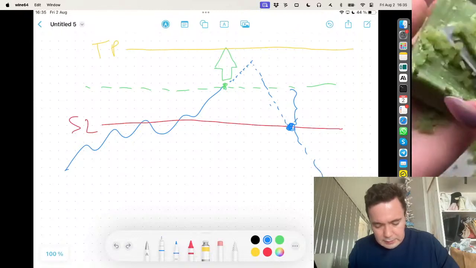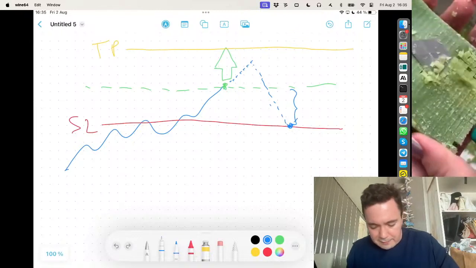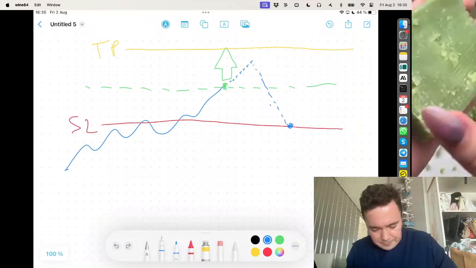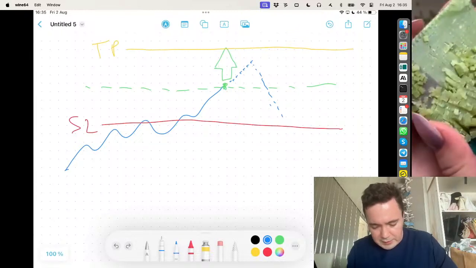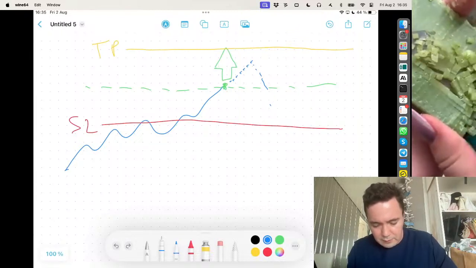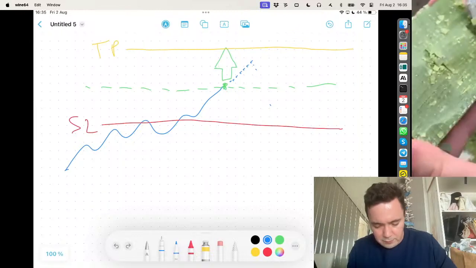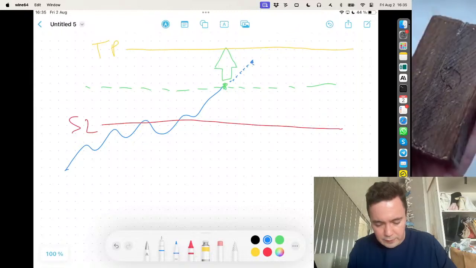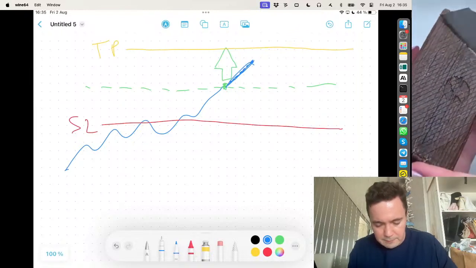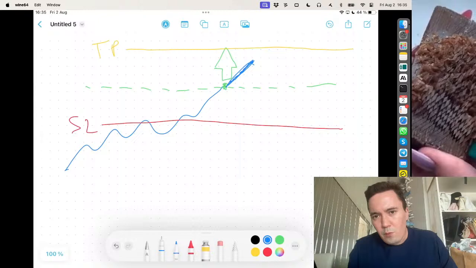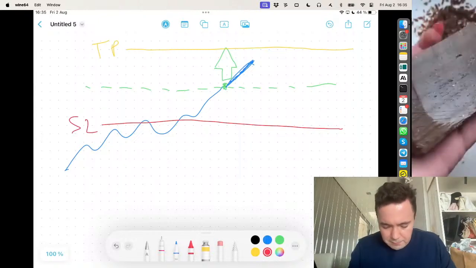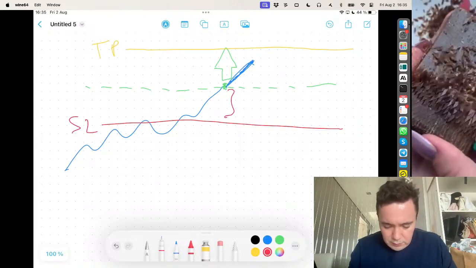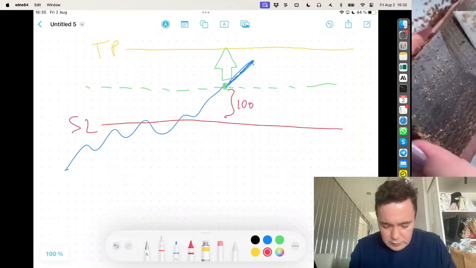And so what if, as you saw, the price went favorably for you and reached this level, right? So the price went like this. And initially, you wanted to earn, for example, $100 here.